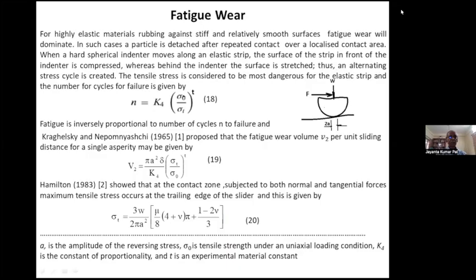Now, fatigue is usually inversely proportional to this number of cycles, N, for failure.